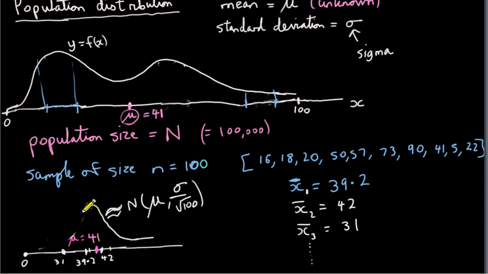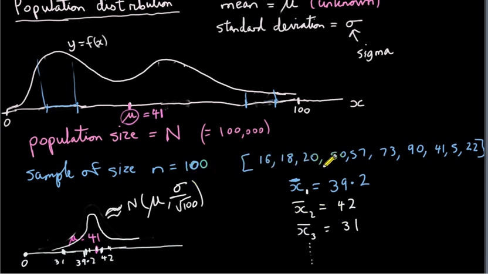This distribution would give us a more precise estimate of mu. So we'd be able to pin down what mu is more easily by looking at the means of our samples.